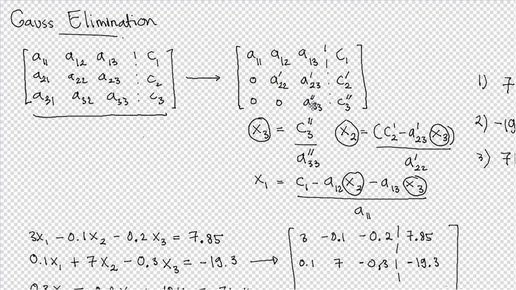So the diagonal is not 0, and the upper triangular elements will be non-zero, but here the lower triangular elements are 0. Actually, you can also have the lower triangular non-zero and the upper triangular 0, and we also call that a triangular matrix.